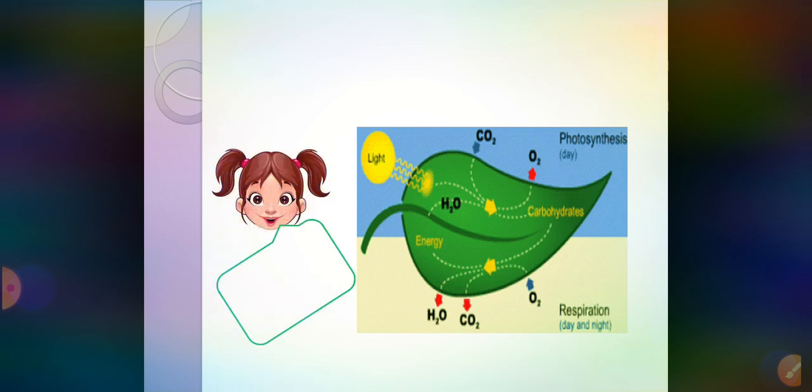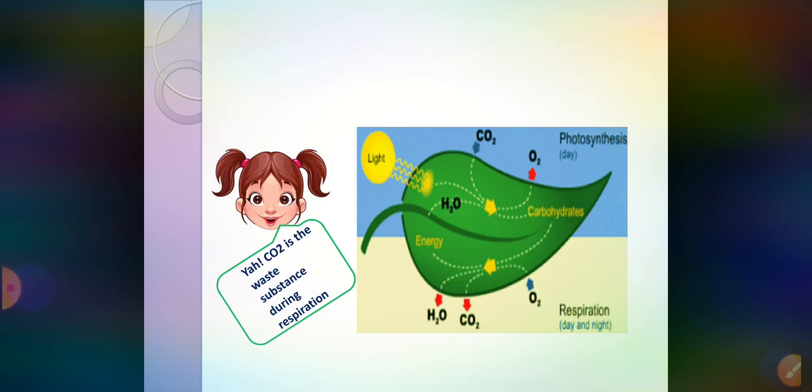What is this? Oh, this is a beautiful leaf. You can see the image. And again Paheli comes here and she is saying, CO2 is the waste substance during respiration. We have already studied that. CO2, carbon dioxide, is the waste substance during respiration.